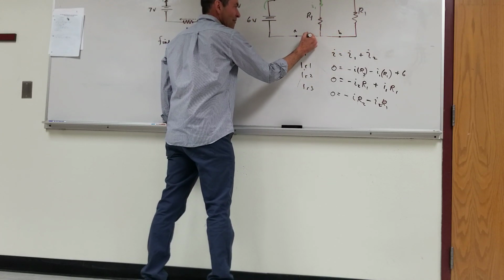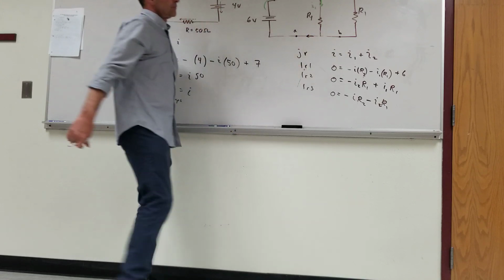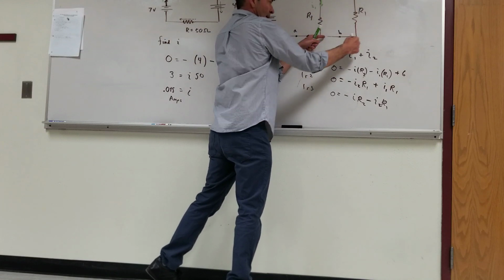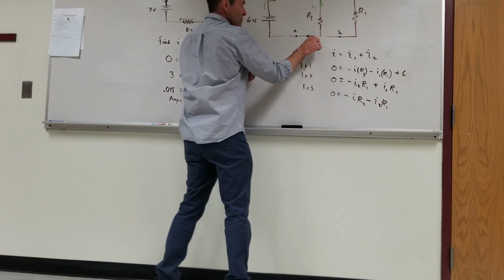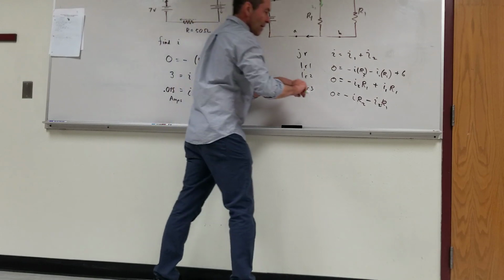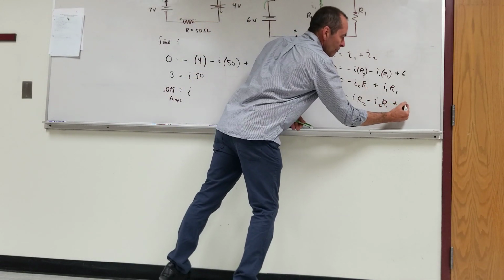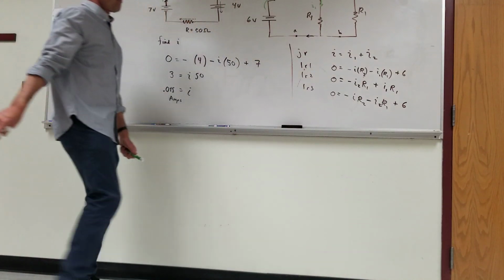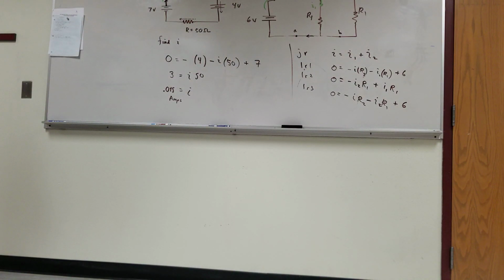Whoa, what do I have right here? I again. It's the full I again, right? Because these two are going to split and come back together. So it's back to the full I, and now we've got a plus 6. And we've made it back.